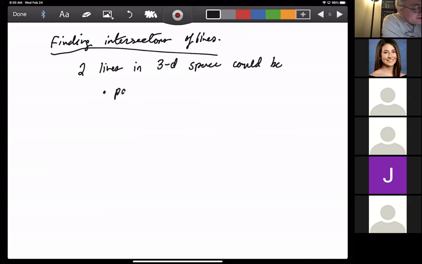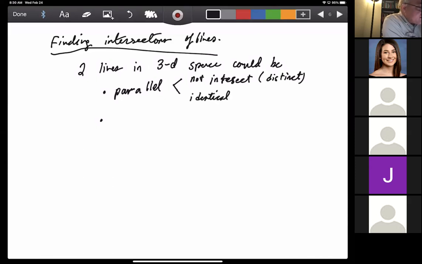They could be parallel to each other, in which case they could either not intersect, in which case we say the lines are distinct, or they could lie on top of each other, in which case we would say the lines are identical, and every point is in common between the two lines.